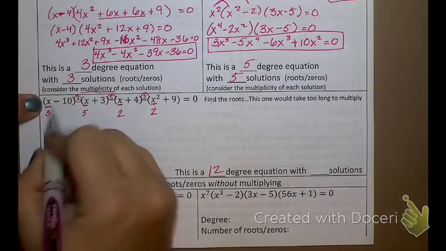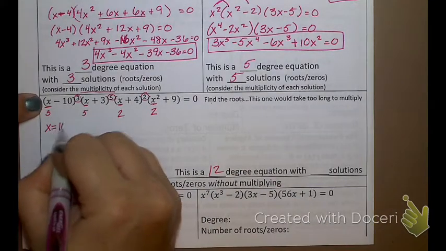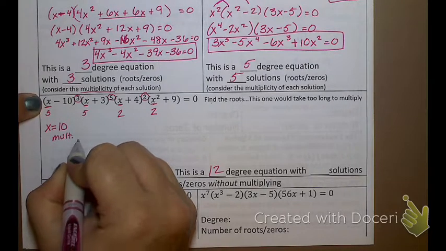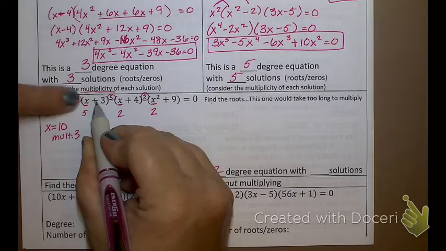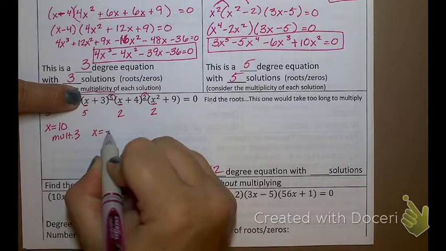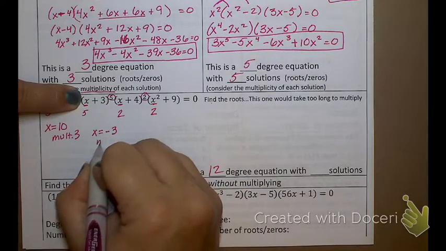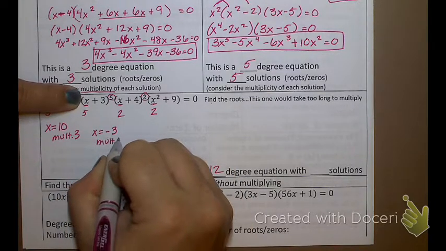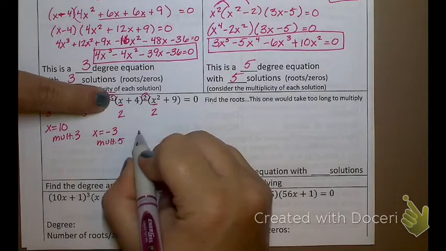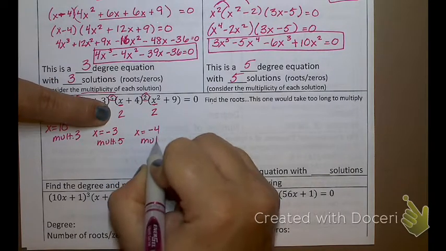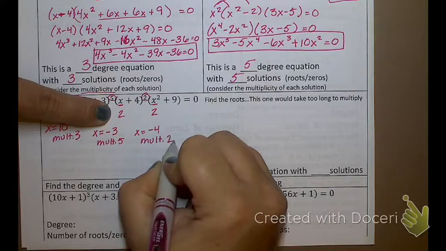So here I get an answer of x equals 10 with a multiplicity of what? 3. Here I get an answer of x equals -3, right, when I set it equal to 0, with a multiplicity of what? 5. Here I get x equals -4 with a multiplicity of 2.